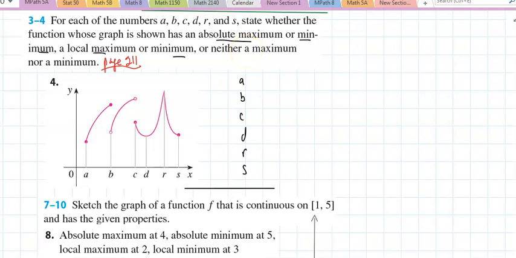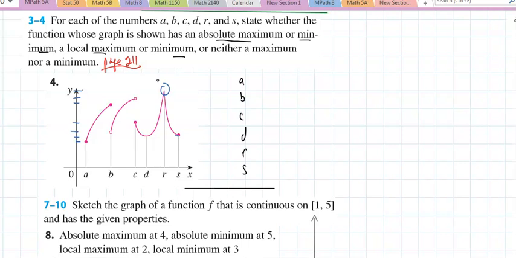Well, let's get started. I'm looking for absolute. I'm looking at all the y values. This y value, this y value, and this. Do we agree that this is the highest of them all?